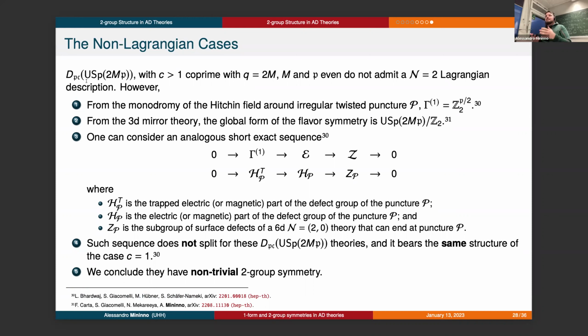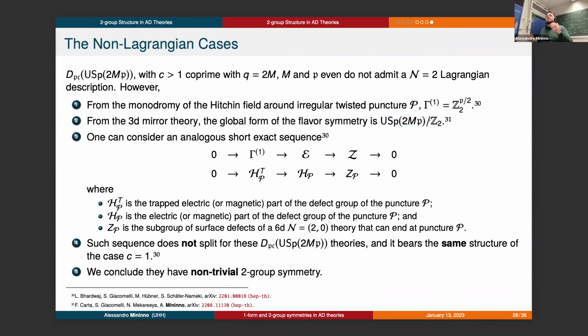And you can study what are the one-form symmetry and the global form for a generic theory. The monodromy of the Hitchin field around the irregular puncture gives you the one-form symmetry. And this is computing the defect group for this kind of theory. You can also use bootstrapping or study of the Higgs branch flow, then the study of the 3D mirror, which gives you the global form for the flavor symmetry, which is exactly the same. So these two pieces are the same.